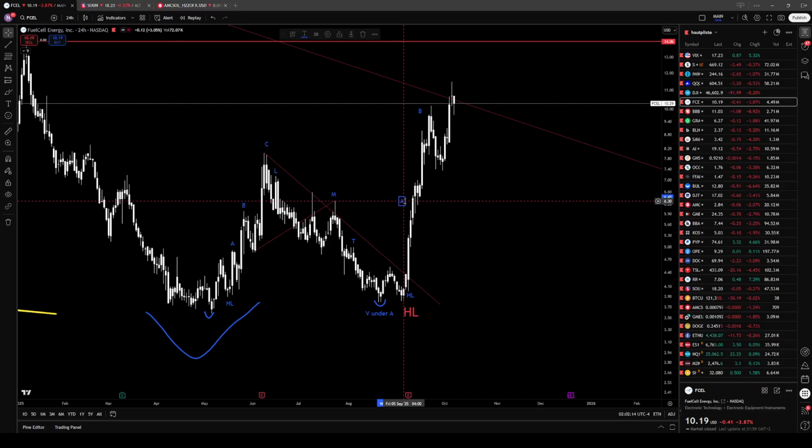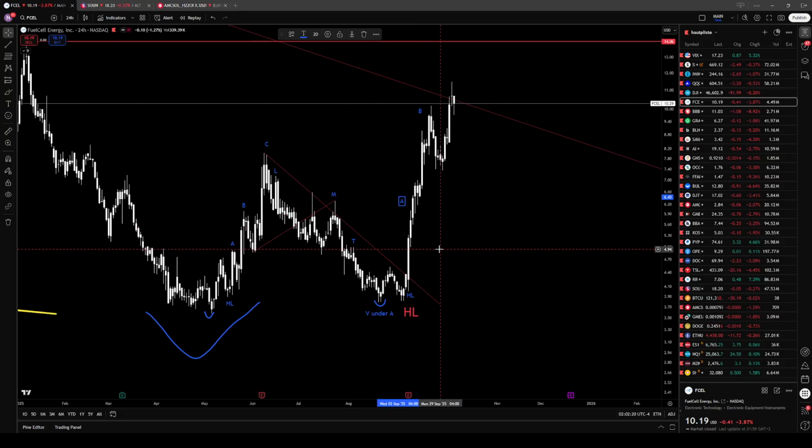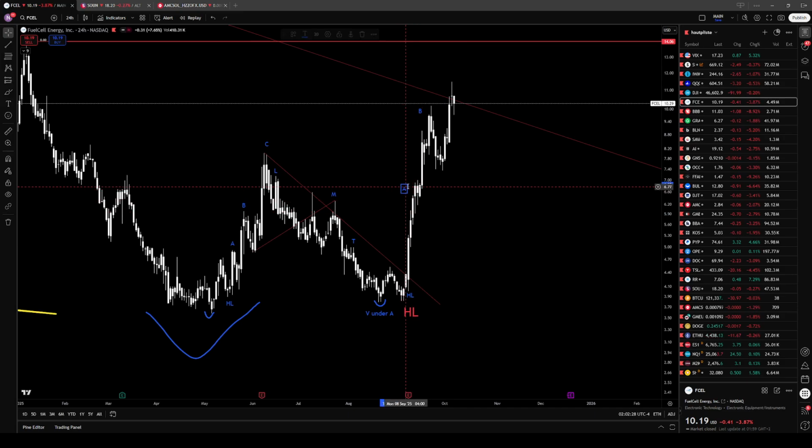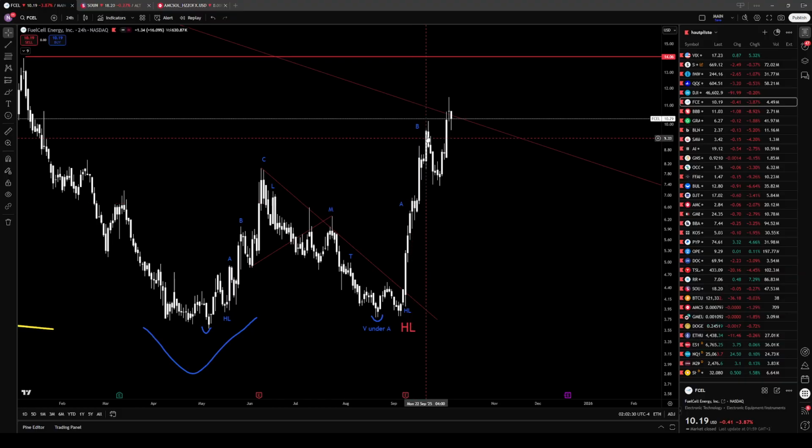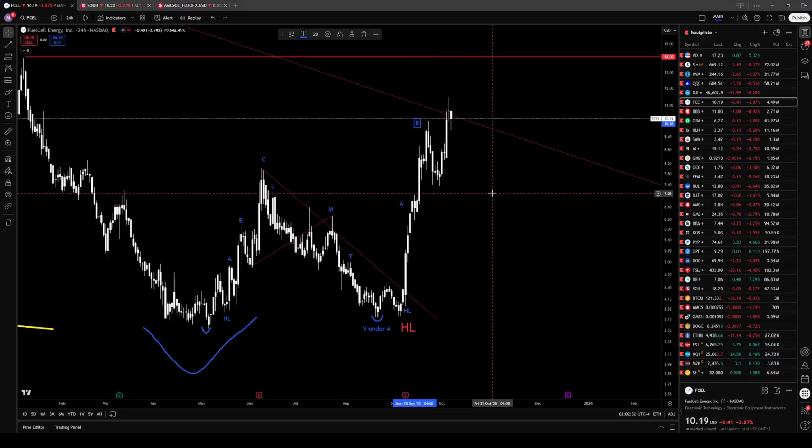On the smaller tracking, it's not so easy to see. I know normally A is around T, so it could be here. But we're just looking for the little pullback here. So I would put A like here. That's definitely B.